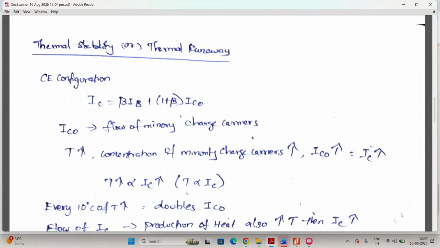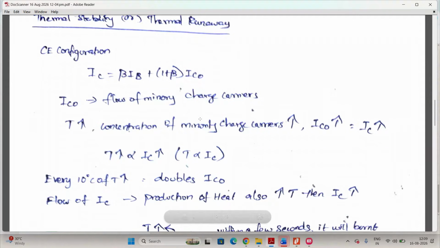When temperature is increasing, definitely the minority charge carriers as well as the leakage current will also increase, so my collector current increases. So I can directly state that the temperature increase is directly proportional to the increase in the collector current.